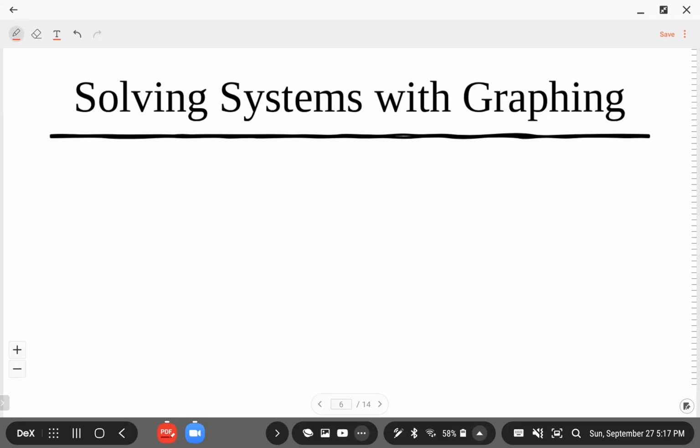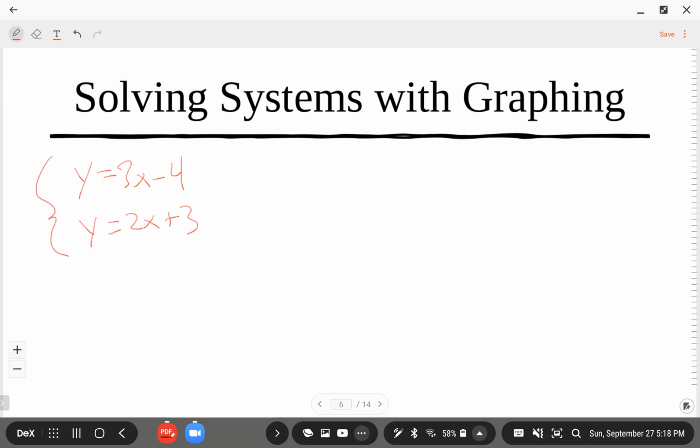Solving systems with graphing, you have to graph the two lines first. Let's take an example: y equals 3x minus 4, and then y equals 2x plus 3. Both lines are in slope-intercept form, which makes them easier to graph.